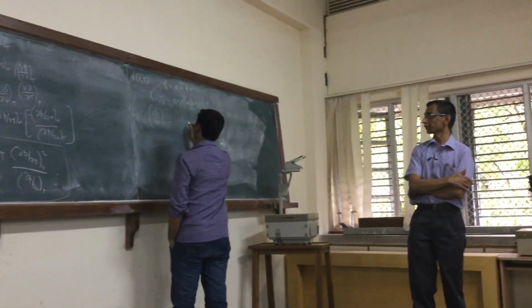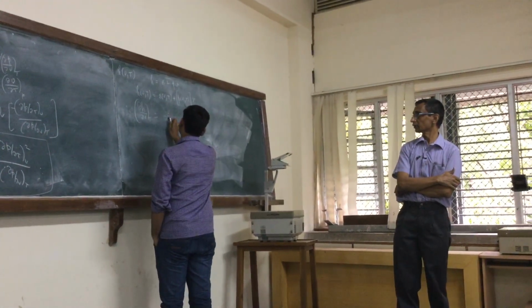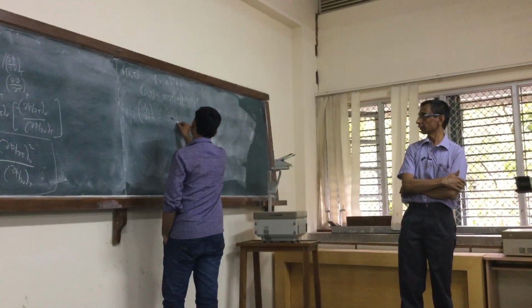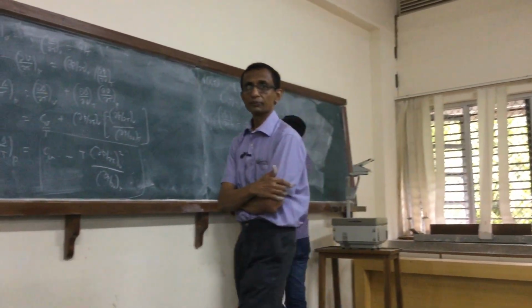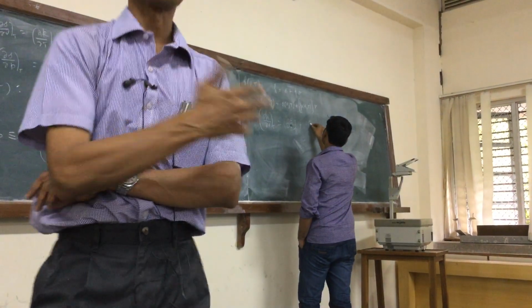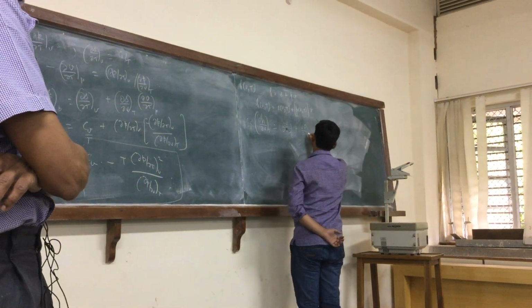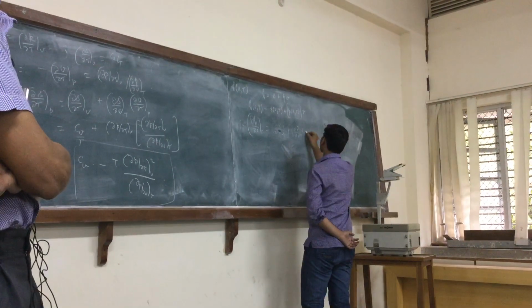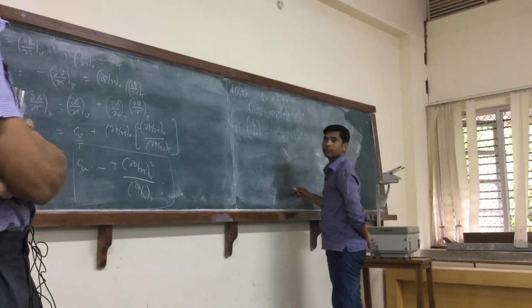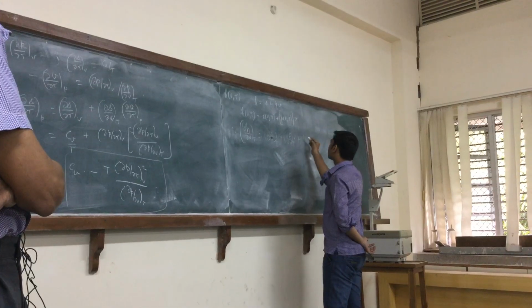Don't think it's complicated. Everything is a derivative, plus. Now it's a product, so we have to get two terms. dP by dV times V, fine. Plus.